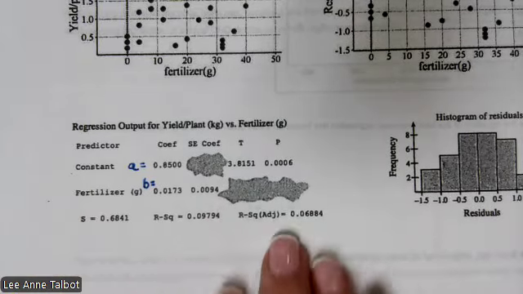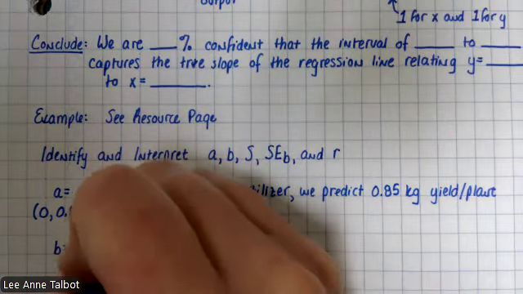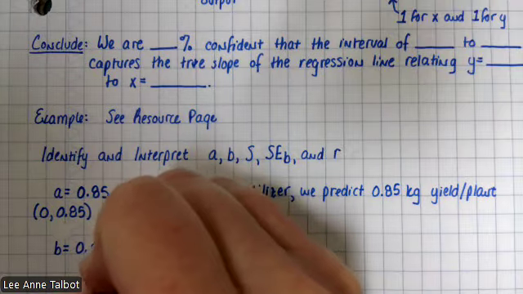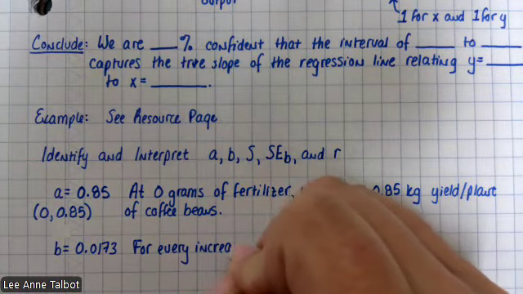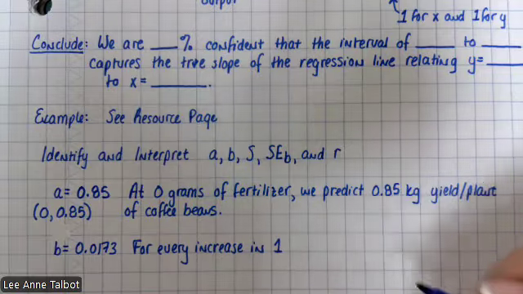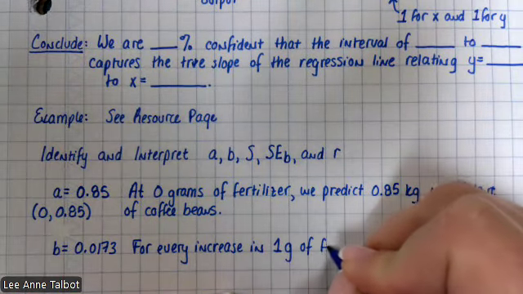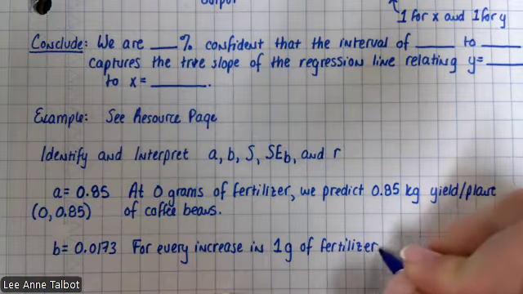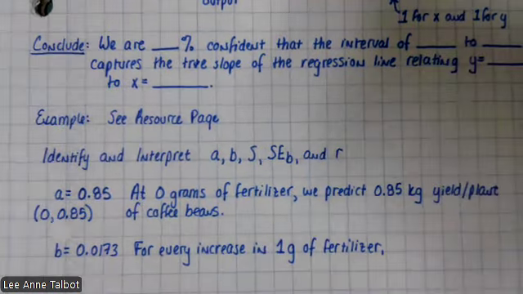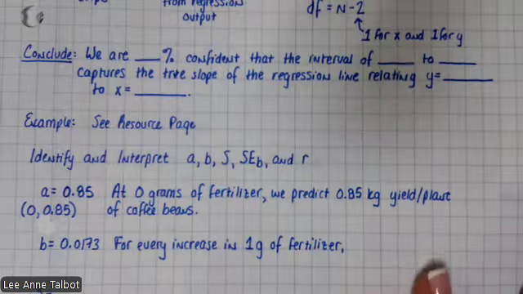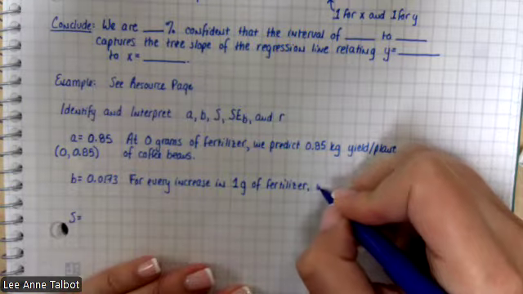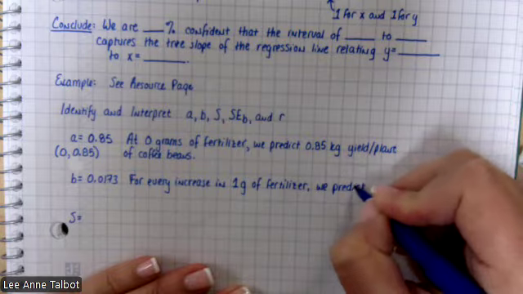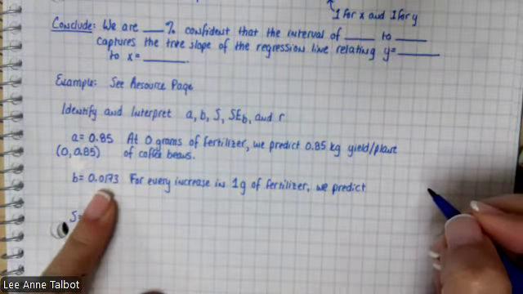Okay, how do we interpret slope? For every increase in 1 gram of fertilizer, we predict. Then you think to yourself, is my slope positive or negative?